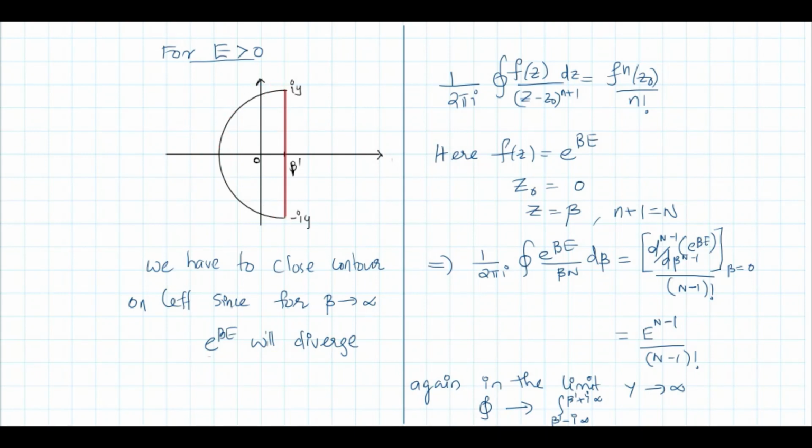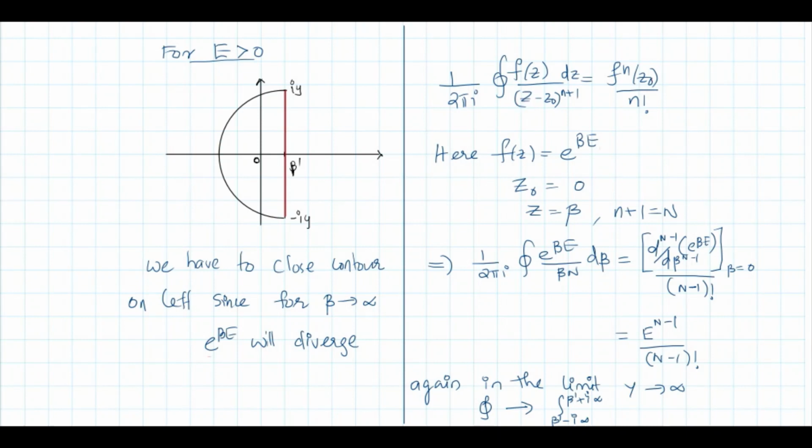Now, we have the Cauchy integral formula for derivatives: 1 by 2 pi i closed integral of f of z by z minus z naught raised to n plus 1 dz equals f raised to n of z naught divided by n factorial. In our case, instead of f of z, we have e raised to beta E. Instead of z naught, we have 0.